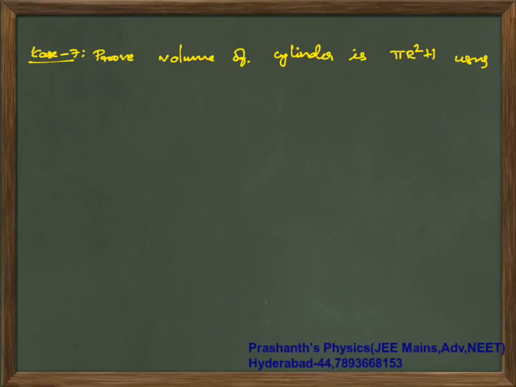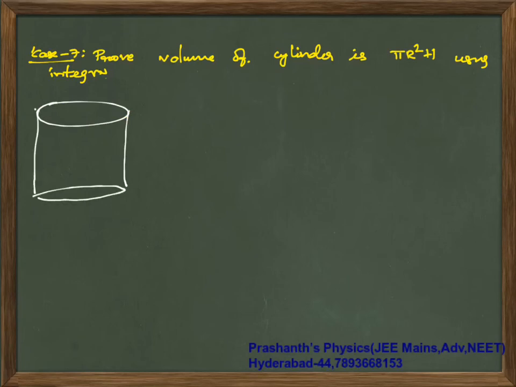Okay, so to get the big volume, as I have discussed previously, you have to define the small volume first. So let us say this is your cylinder. Now if you take a small cylinder like this, for this small cylinder, let us say this height is h, width is dh, let us say this radius is r, from here to here it is capital H, and this is your capital R.